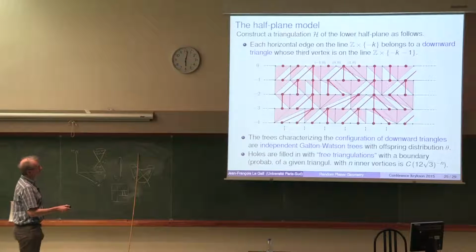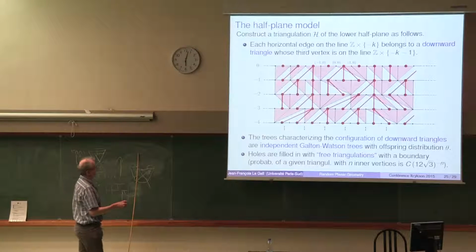And then for each edge on one of these lines, you will associate with this edge a triangle here, a pink triangle in my figure, which will contain this edge, and whose third vertex will be on the line immediately below. Okay? So you have all these triangles pointing below here, which I call again downward triangles.